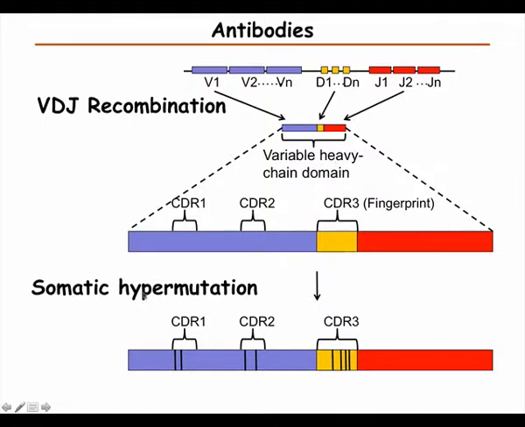But then on top of that, there is a second step, somatic hypermutation, which will introduce mutations into the sequence. So when we study most proteins, we're pretty okay with just using the reference database. But here we really need to make a specific database for each sample and see what antibodies the body actually produces.